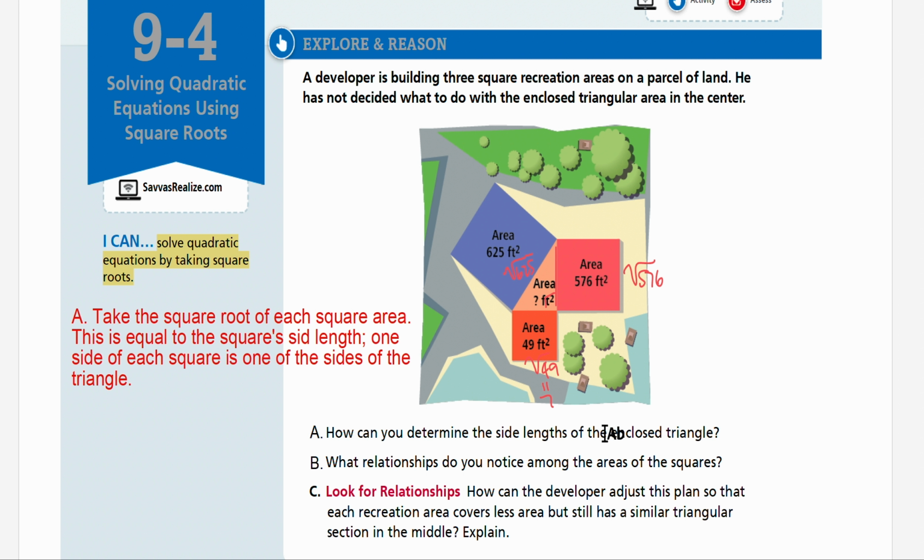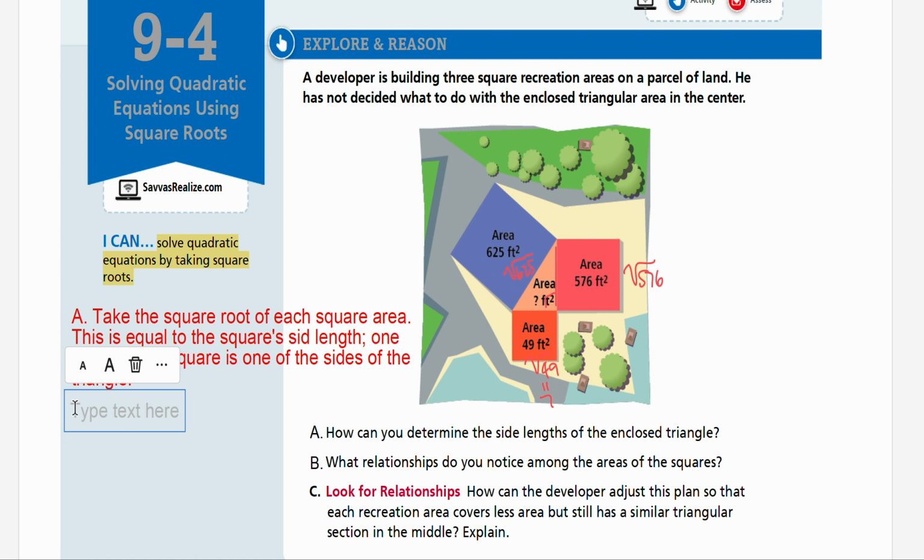Part B, what relationships do you notice among the areas of the squares? So the areas of the squares would be related to the area of the triangle with their sides, right? Each of their sides would be equivalent to each side of the triangle.